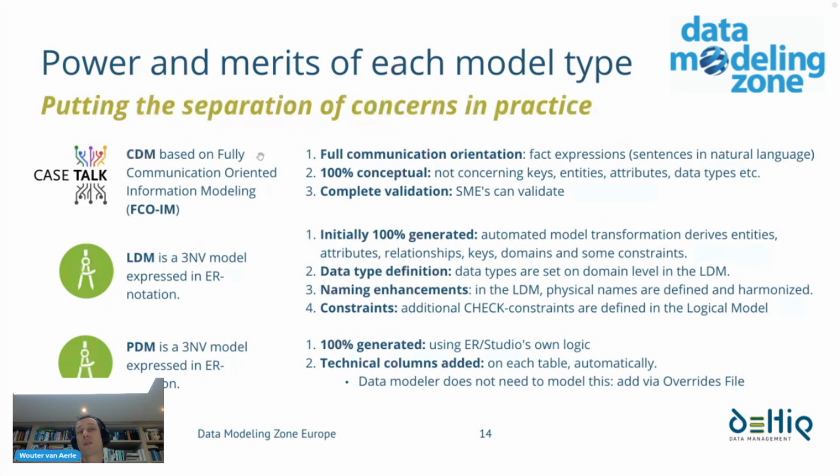Also, the method is 100% conceptual. So within fact-based modeling, you don't need to concern yourself about what is becoming a primary key or a foreign key, what should become an entity or an attribute, and also the data types. So it allows you to really fully concentrate on the conceptual model efforts.